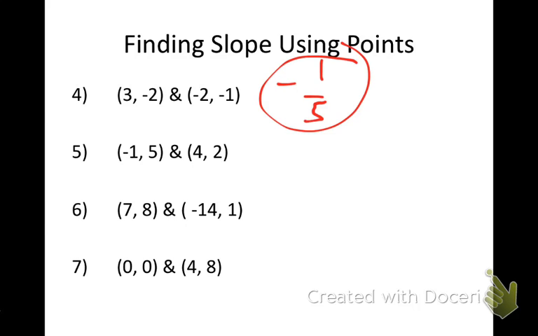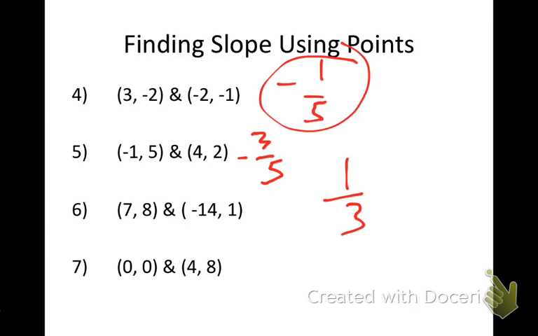Number 5. What's my slope for number 5, Jessica? 3 over 5. Nice job. Wait, negative again. Yeah. Negative 3 over 5. I get negative 5 over 3. You took your x's on top then. Yeah, you put your x's on top. Number 6. What do I got for number 6? 1/3.